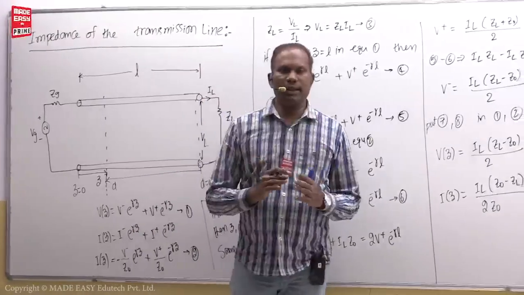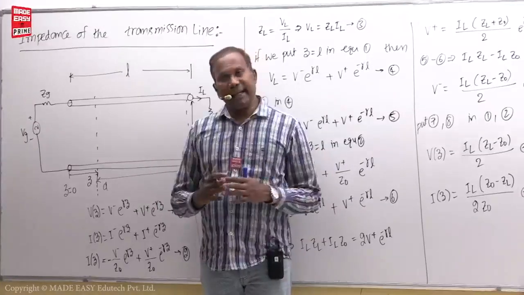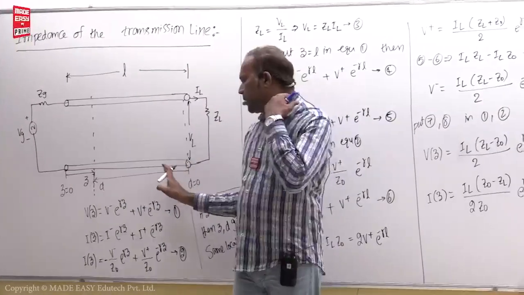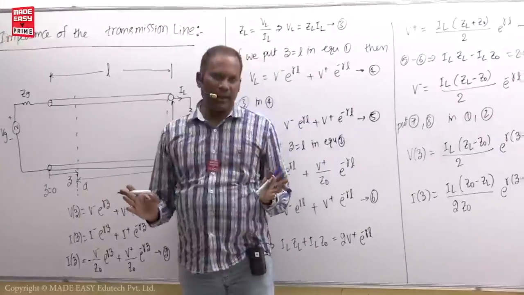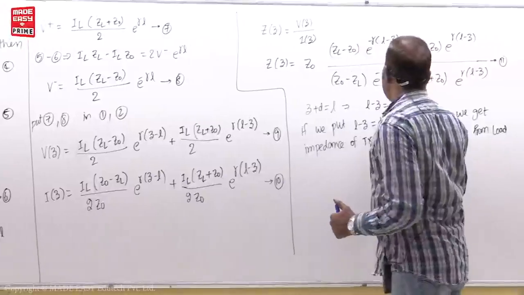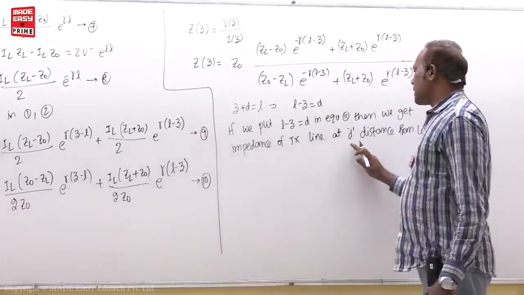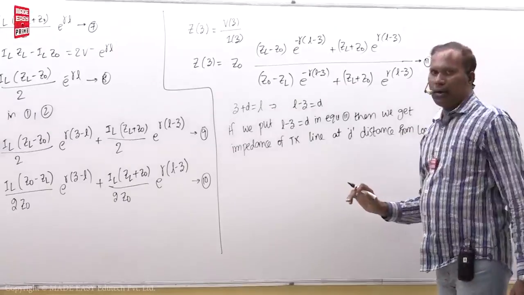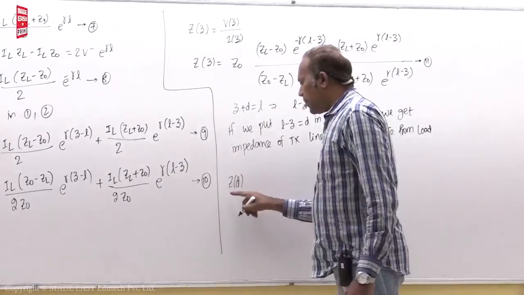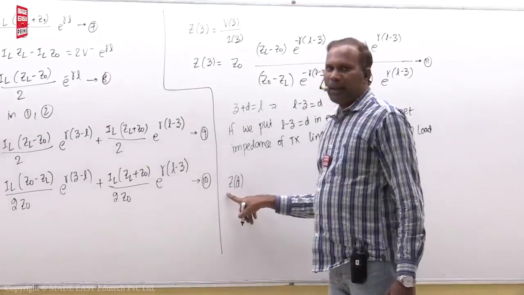That is why that substitution is done. If you don't substitute that relation, then it is not guaranteed that small z distance from source end and small d distance from load end give the same location. So it is not guaranteed. That is why if you substitute L minus Z is equal to D in equation 11, then we get the impedance of transmission line at D distance from load, that is called Z of D. So now capital Z means impedance.